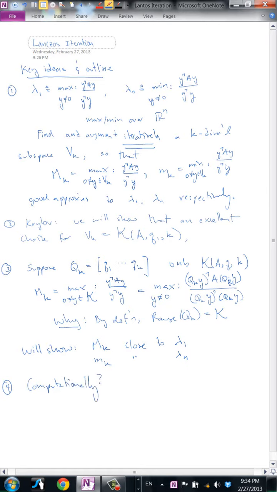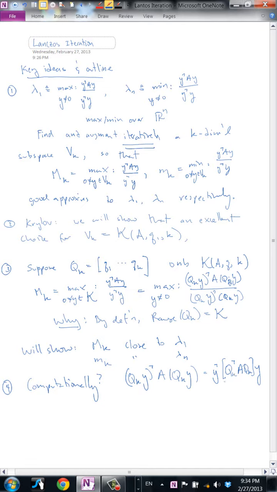So this is the final point we made in our preliminary remarks, which is that if Q is an orthonormal basis for the Krylov subspace, then let's look at the numerator of our expression for MK. We've got QK y transpose A QK y, which is just equal to y transpose QK transpose A QK times y.